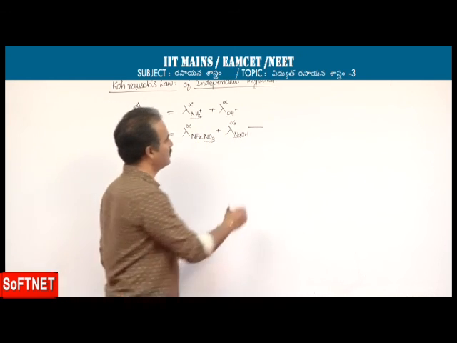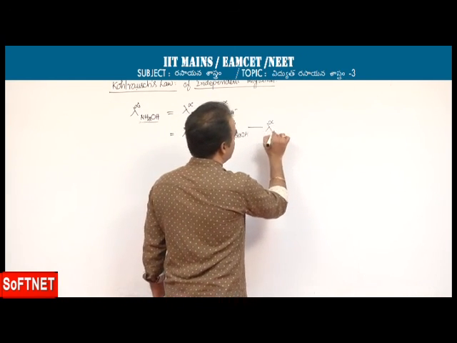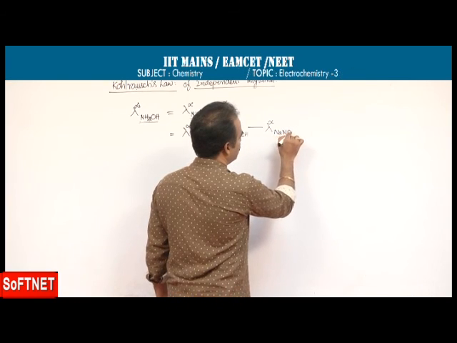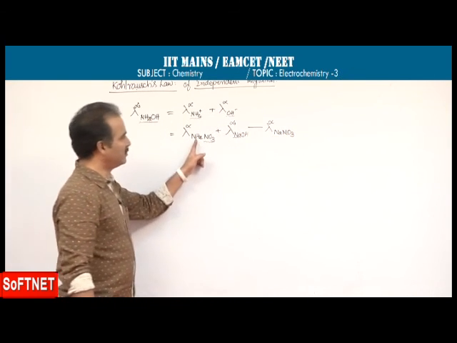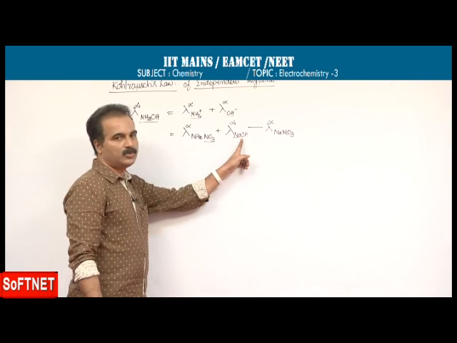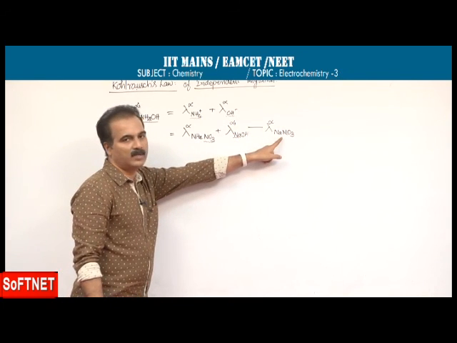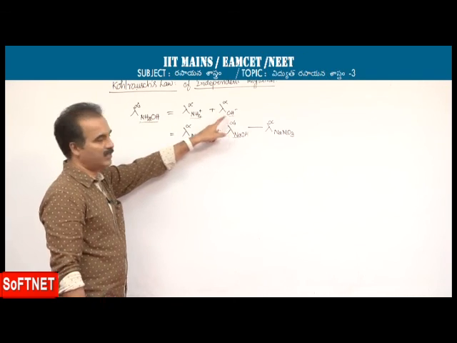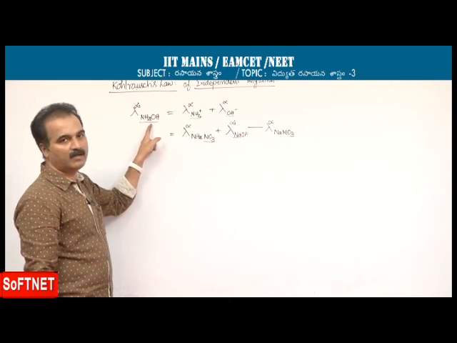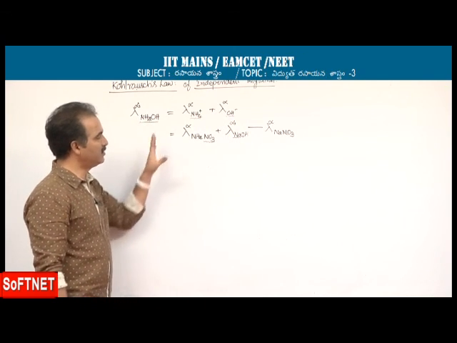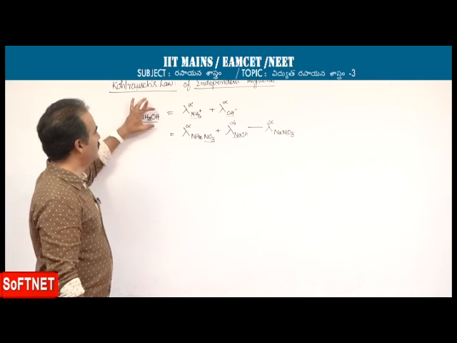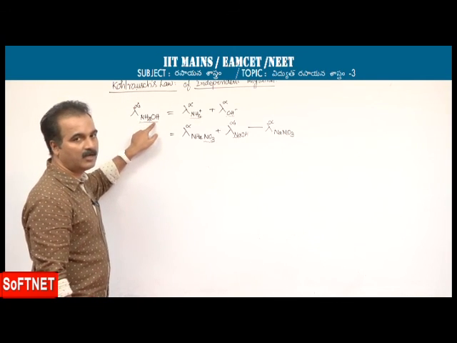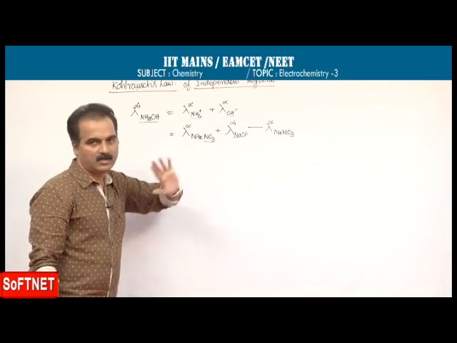So, I will subtract the lambda infinity of sodium nitrate. All these are strong electrolytes. So, adding these two values and subtracting the sodium nitrate value, you will get the contribution from ammonium ions and OH minus ions, which is nothing but lambda infinity of ammonium hydroxide. This is how we represent conductance at infinite dilution of a weak electrolyte in terms of strong electrolytes.